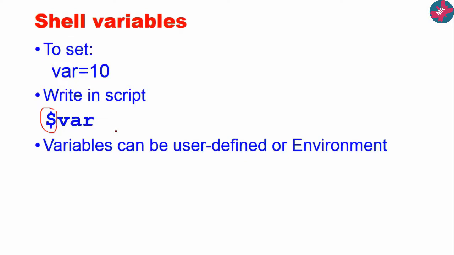Here variables can be user defined or they can be environment variables. These are also known as system variables. These are nothing but some keywords already in the shell. Mostly we are only concentrating on user defined variables.